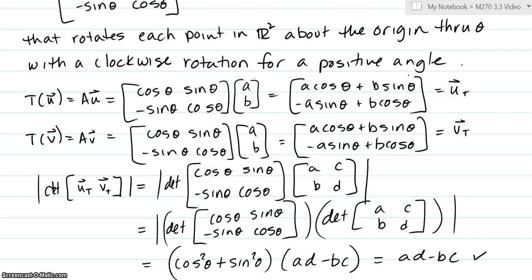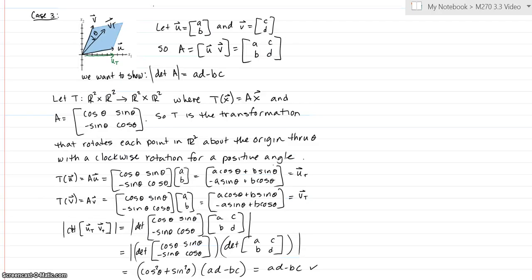So what does this mean? Let's make this a little smaller so we can see the whole thing. We wanted to show that the determinant of A is the area of this parallelogram. We know the area of this is the same as the area of our original, so therefore the area of our original is AD minus BC.